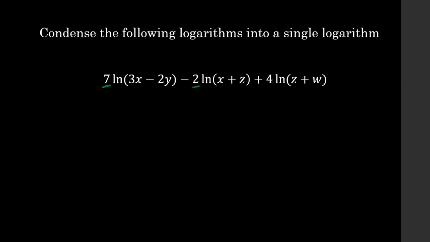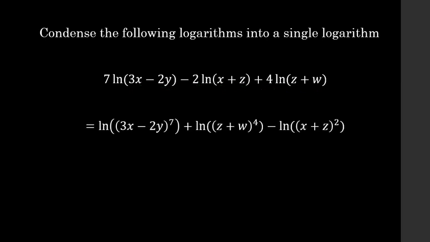The numbers out front are going as the exponents of what we have inside of our logarithms. And that puts us here: natural log of 3x minus 2y to the 7th, natural log of x plus z squared, and natural log of z plus w raised to the 4th power.